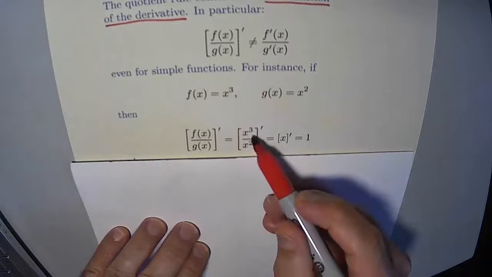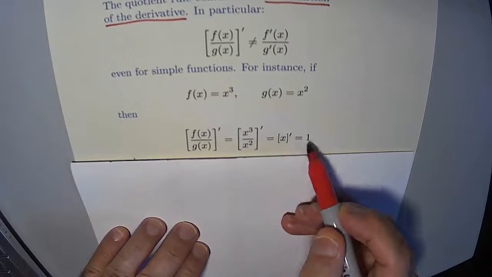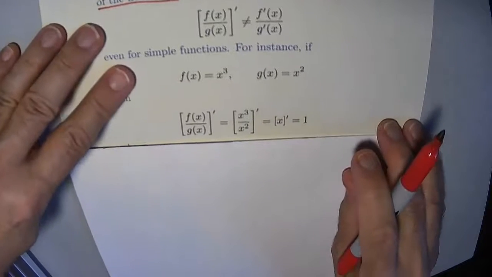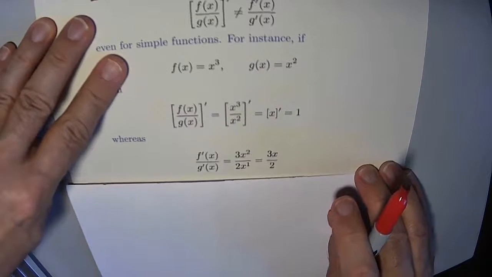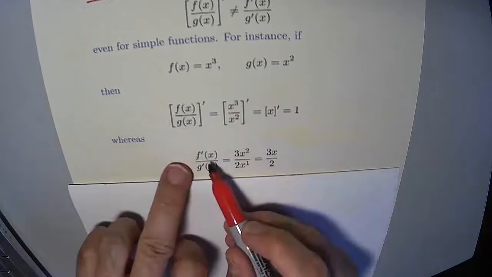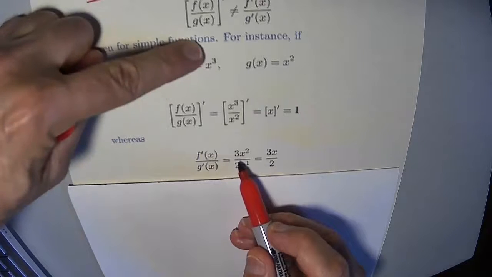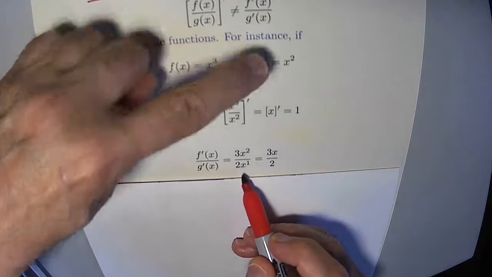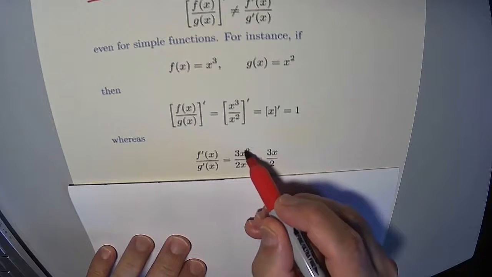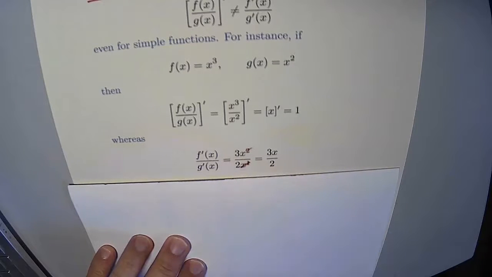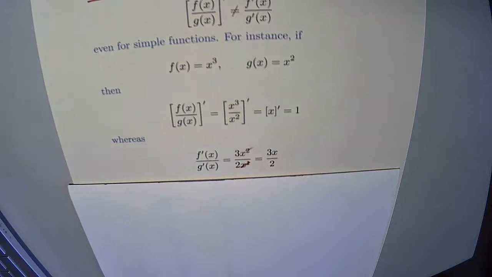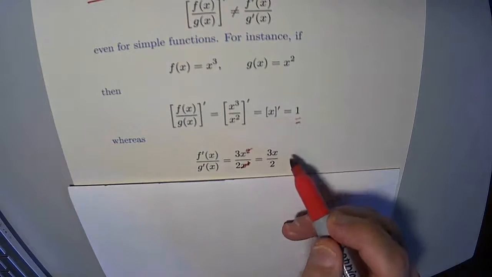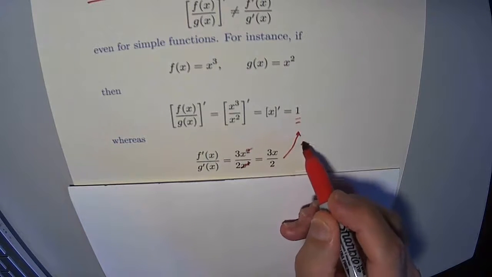If I divide x cubed by x squared, I get x, and the derivative of that is just the number 1. Whereas if I take the derivative of f, I get 3x squared. Derivative of g, I get 2x. I can cancel one x and I'm left with 3x over 2, which is obviously not equal to 1.